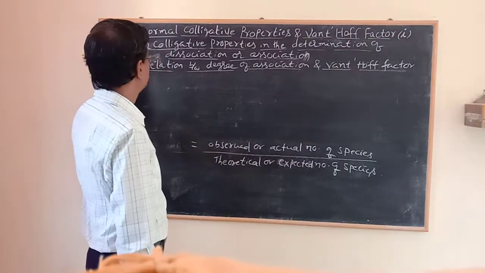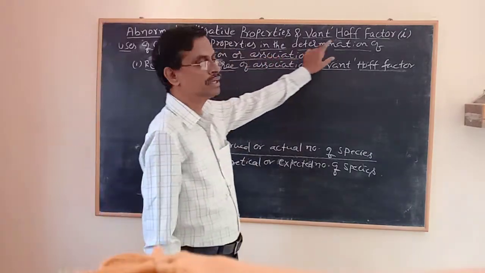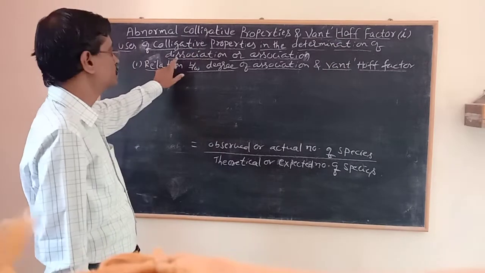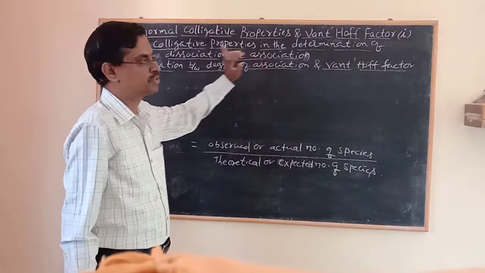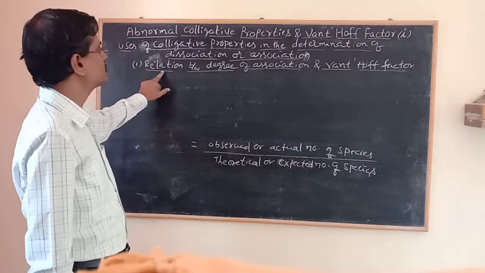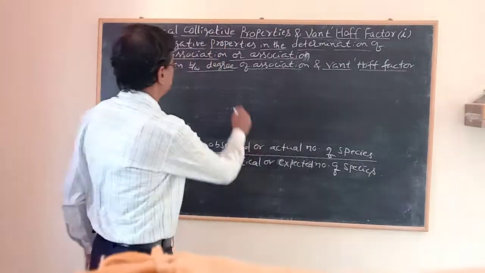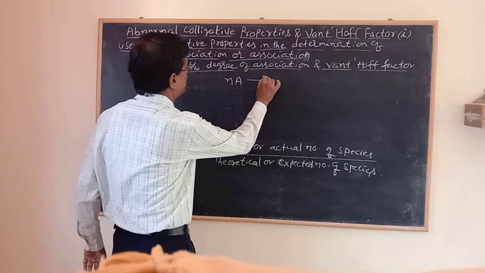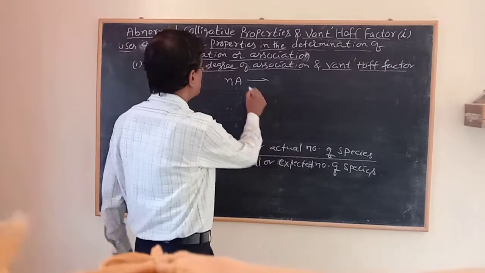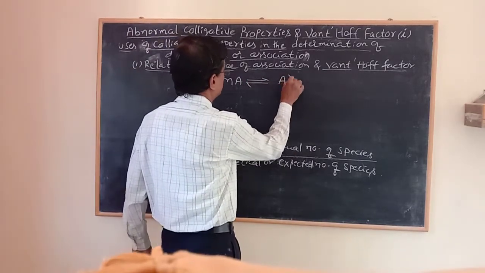Now we discuss the uses of colligative properties in the determination of dissociation or association. In this we will discuss the first one: what is the relation between the degree of association and the Van 't Hoff factor? For this I will consider n molecules of A giving rise to A_n.